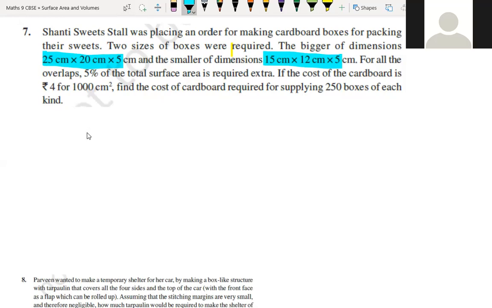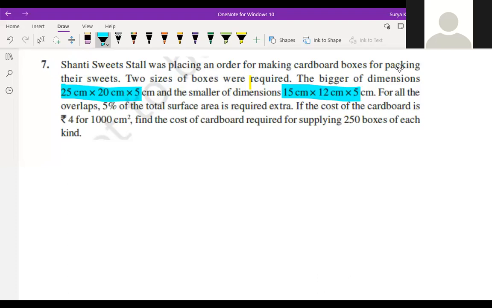So children, don't fear by seeing the question. What you should do is, first of all, make a note of what is given in the question. First you write 2 parts: bigger dimension, with length, breadth, and height, then a smaller dimension, with length, breadth, and height.